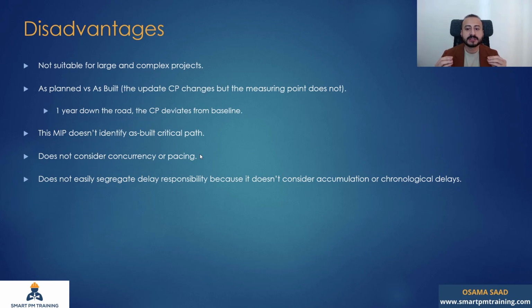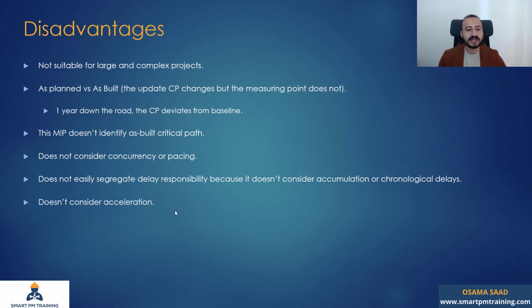In this period, maybe I can see that there are 3 days delay in the activity, but maybe the contractor is responsible for 1 day delay and the employer is responsible for 2 days delay, but everything is diluted in the as-built analysis. You only see the actual, so there is no chance to model the impact or segregate responsibility. It's all embedded in the as-built data.